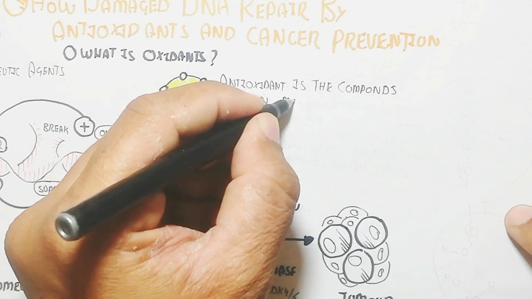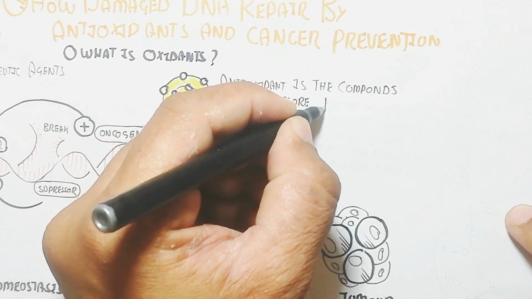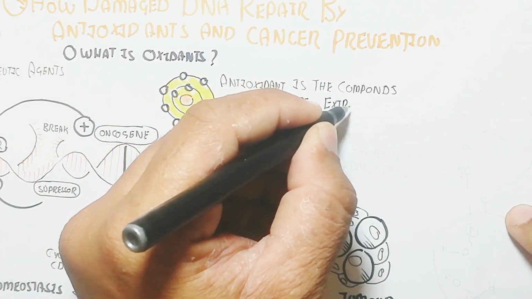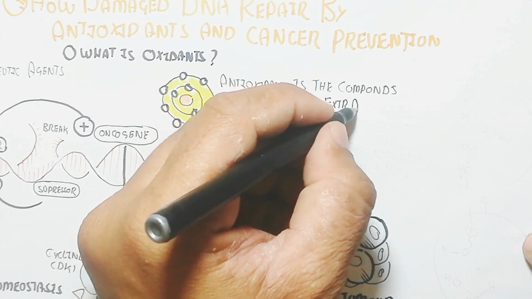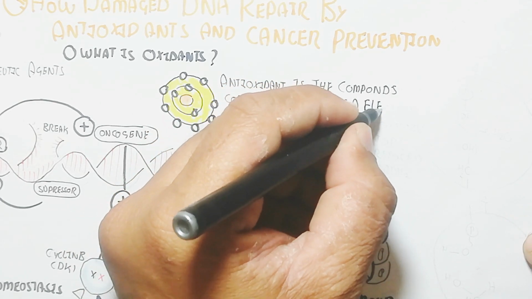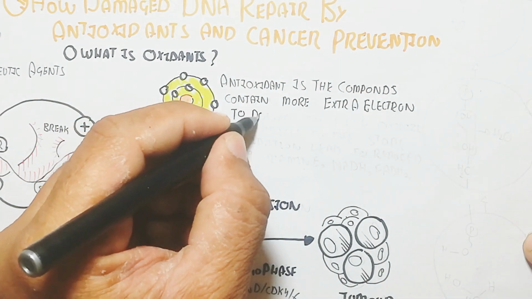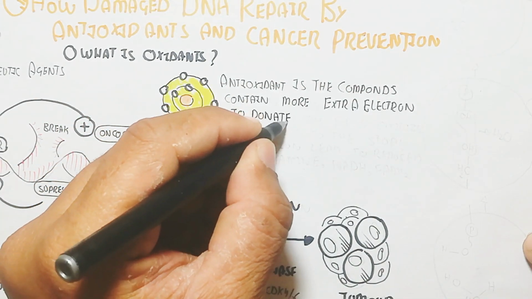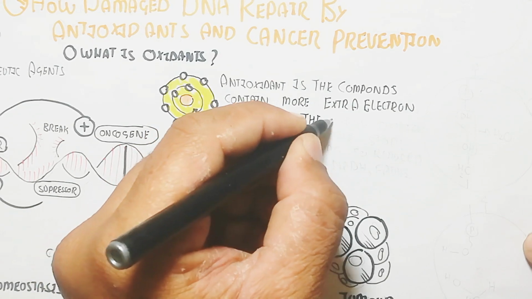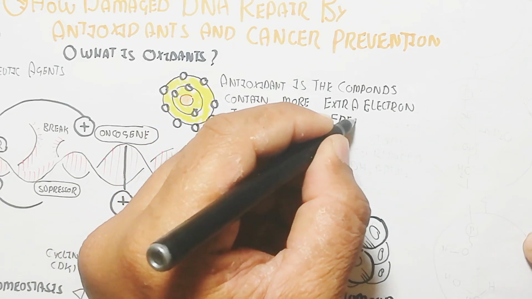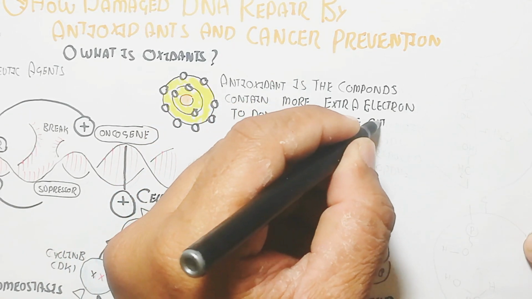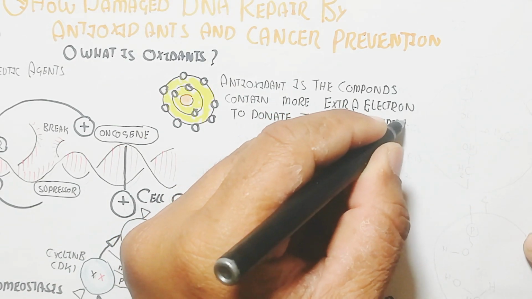The free electrons present in the antioxidant provide the electron for pairing in the atom, so the free radical is not left behind.